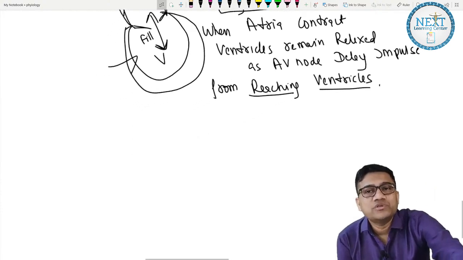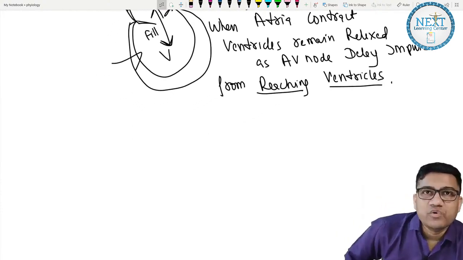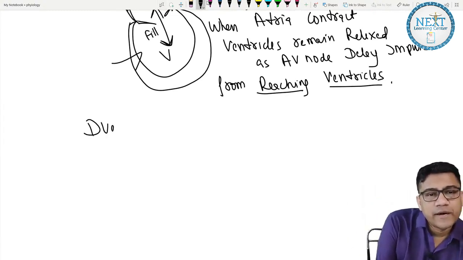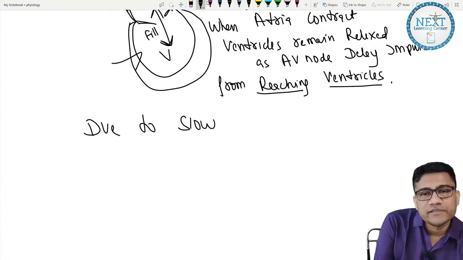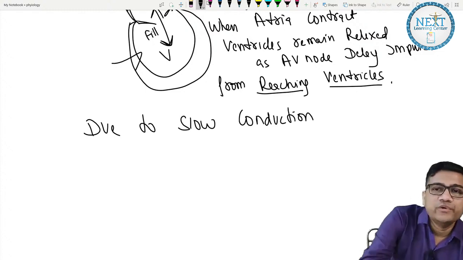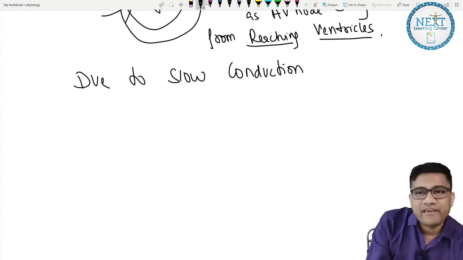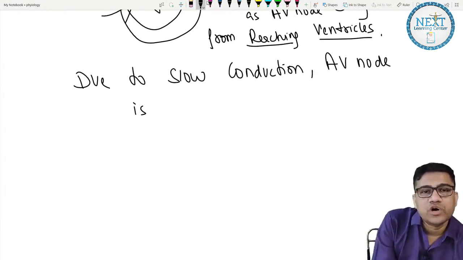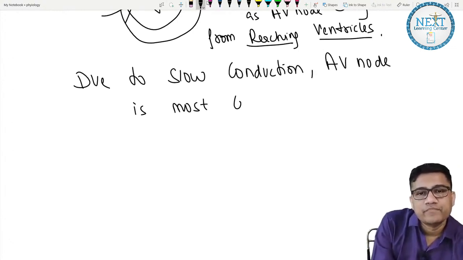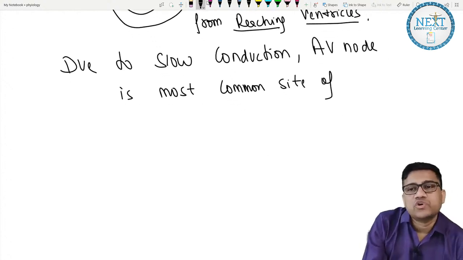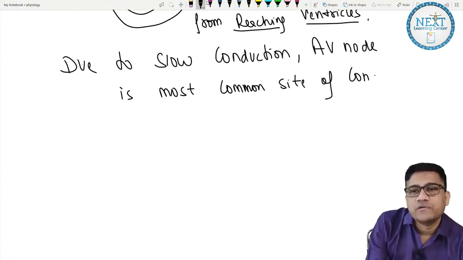But that also creates a problem. The AV node is so slow that a traffic jam occurs there. So write down: due to slow conduction, the AV node is the most common site of conduction block.